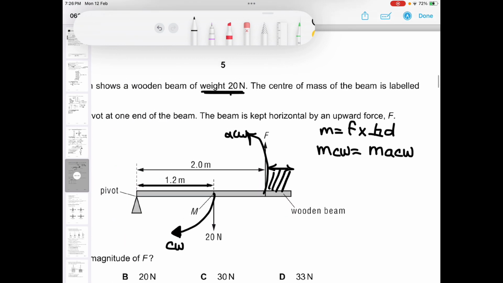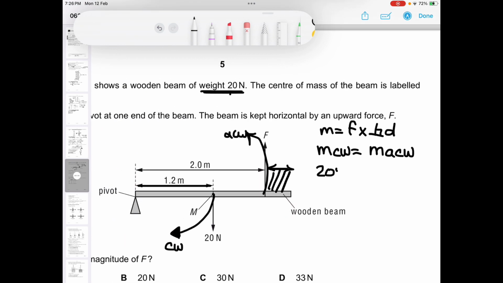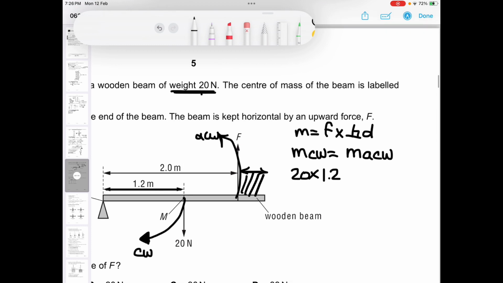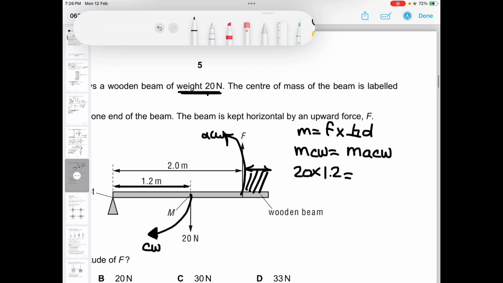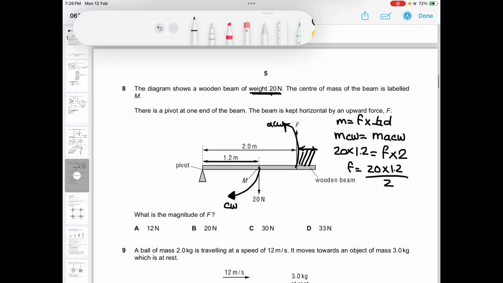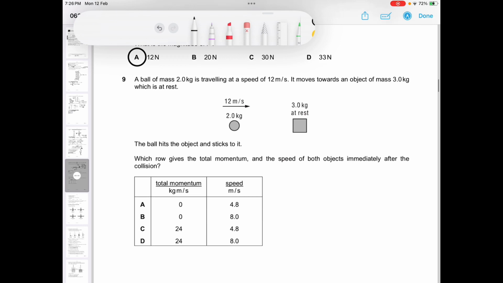So moment clockwise is equal to 20, which is the force, times the perpendicular distance, which is 1.2, equal to this force times its perpendicular distance from the pivot, which is 2. To find F, we do 20 times 1.2 over 2. So 20 times 1.2 divided by 2 is 12. 12 newtons. The answer is A.